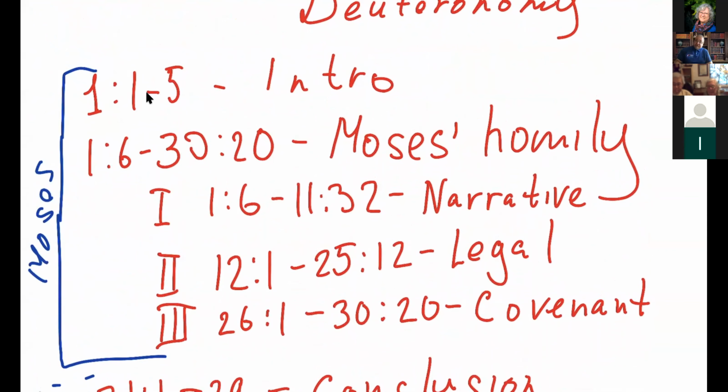The intro says that they are an 11-day journey from Mount Sinai, but on the other hand, that 11-day journey by caravan took them 40 years to traverse. Something is not clear.